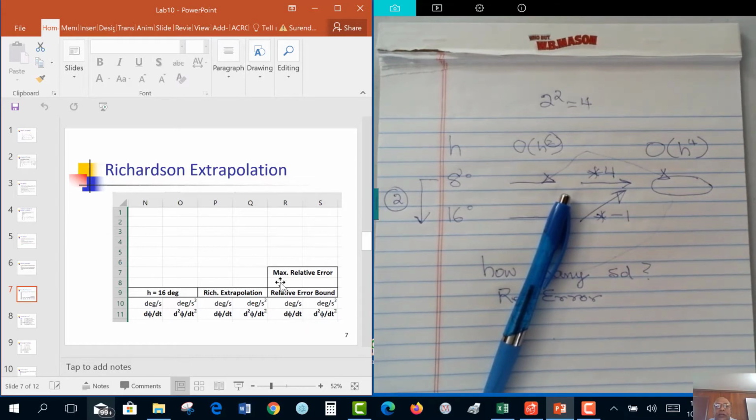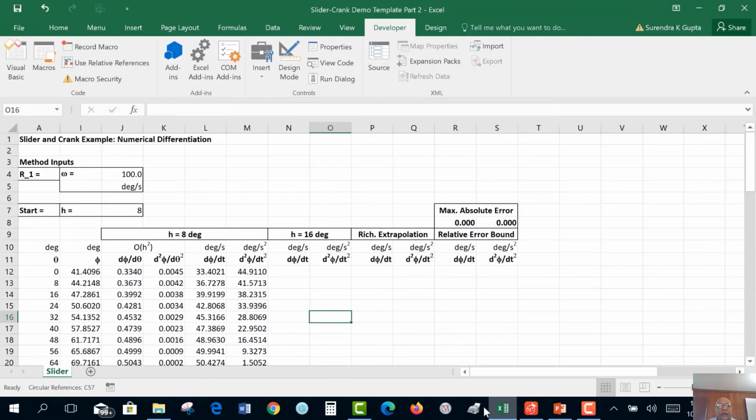And then we are going to calculate our maximum relative error so that we can say we have at least so many significant digits in our velocity and acceleration values. Okay, so here we go.